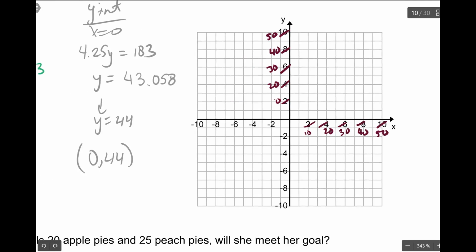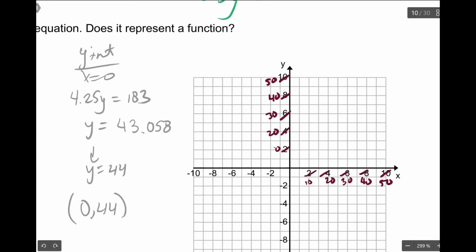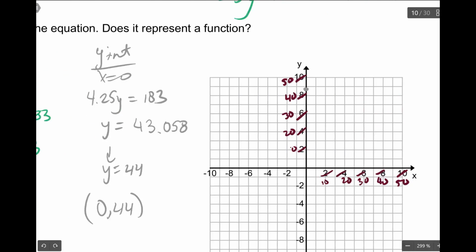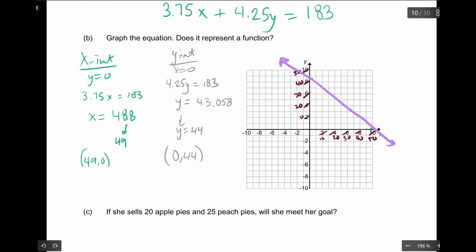Okay, let's go ahead and plot. My y-intercept, (0, 44), is about right here. And my other one, (49, 0), is right here. If I connect them, it's going to look like this. Pretty close. That's what the graph would look like.